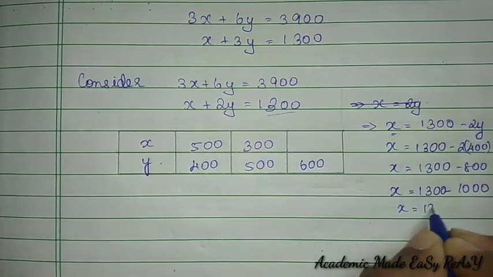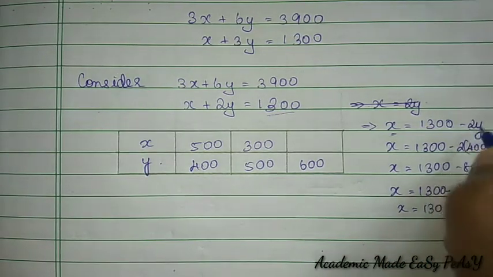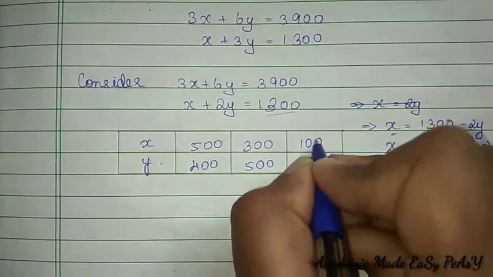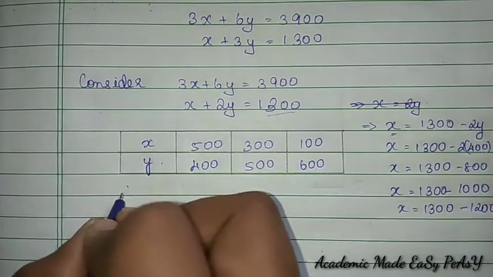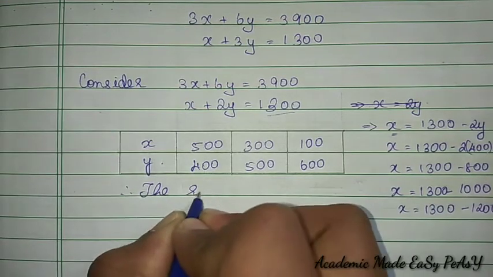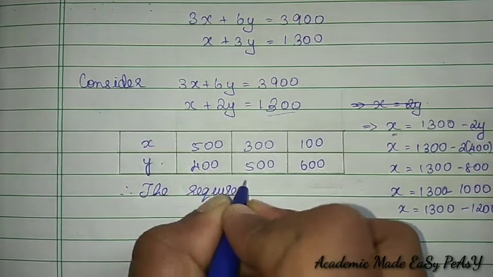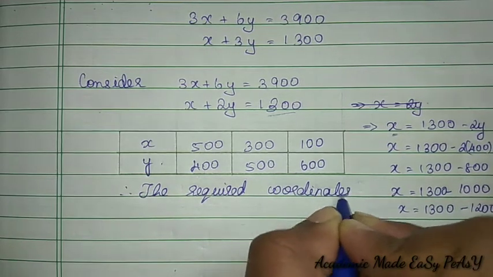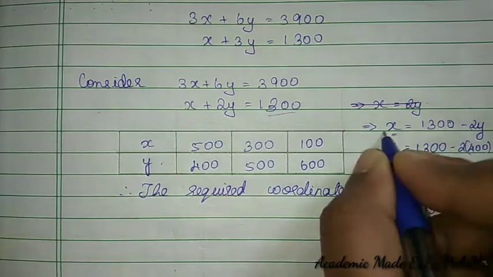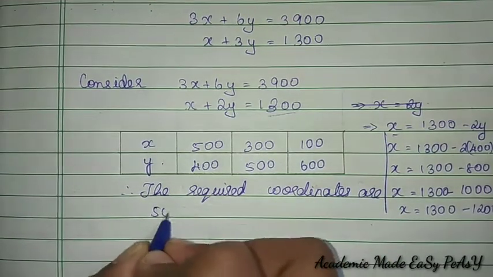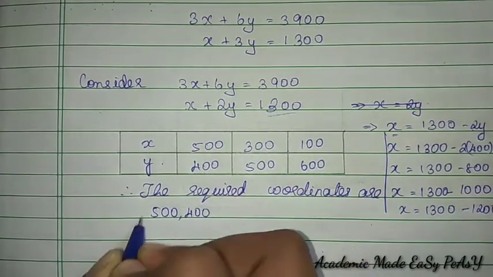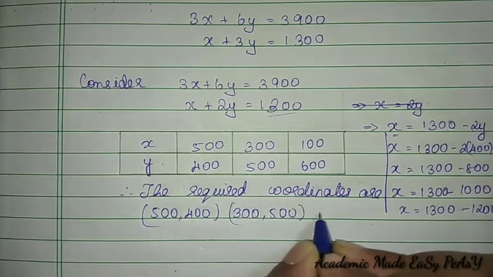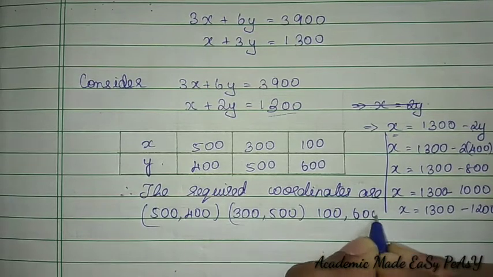So x is equal to 1300 minus 2 into 600 is 1200. So it is 100 over here. So therefore the required coordinates are 500, 400, 300, 500, 100, 600.